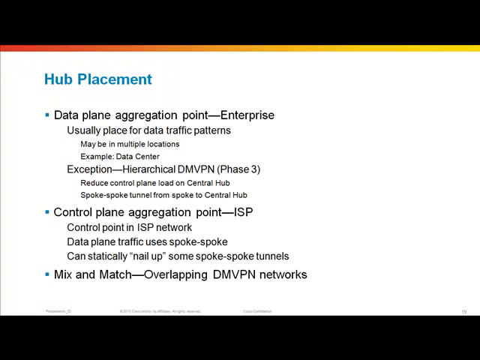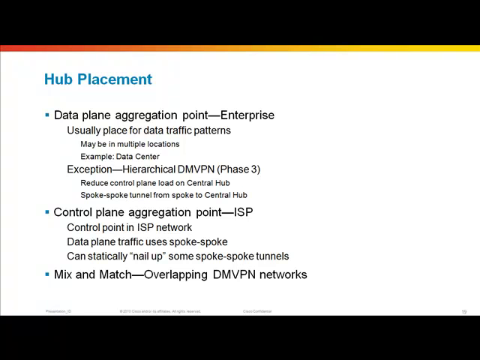And then last here, mix and match. There's many times when I have different requirements for customers. I say, well, one single DMVPN design isn't going to fit it. But the nice thing about DMVPN is it's all virtual. It's virtual interfaces. It's virtual links.